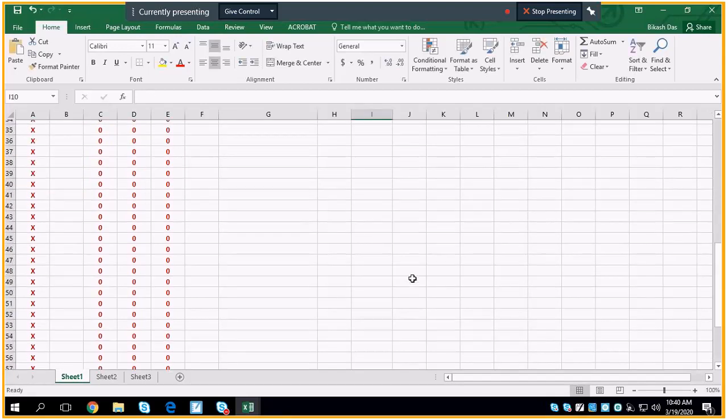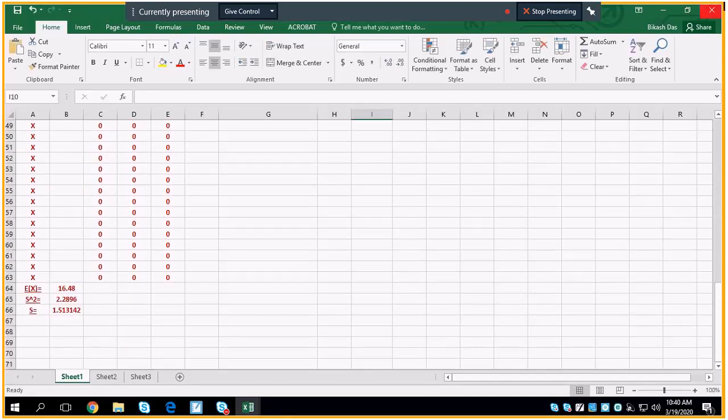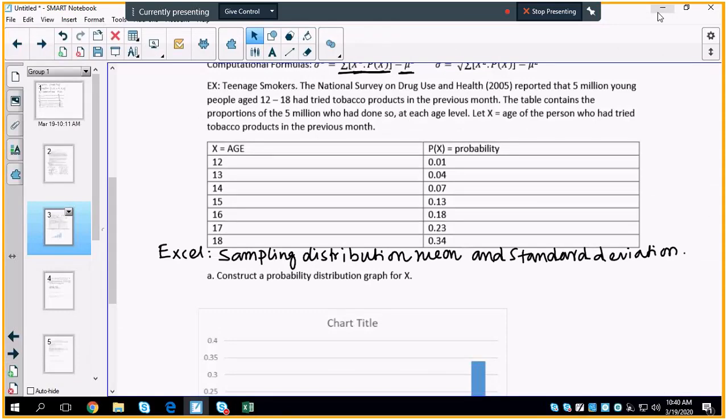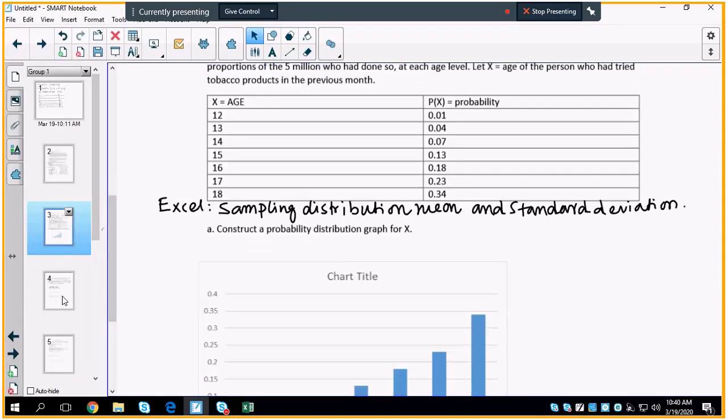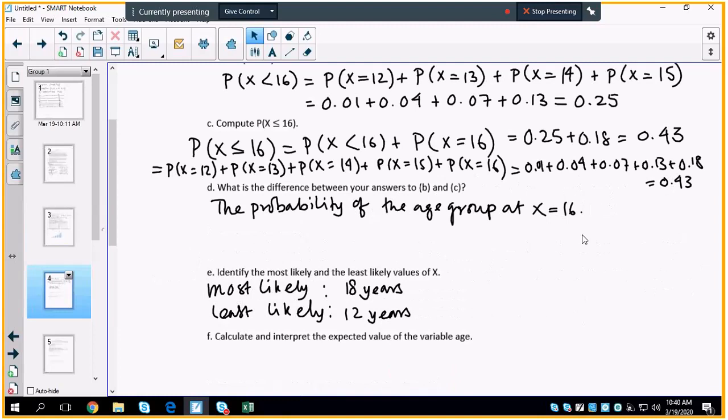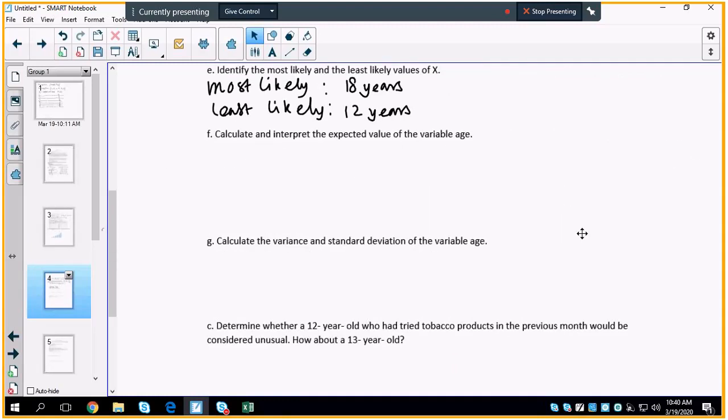So we have 16.48 as the mean value. And remember, the mean value is the mean random variable value. That will help you interpret the information. It says expected value, so I will clearly write down that the expectation of the random variable is 16.48, which I got from the spreadsheet.